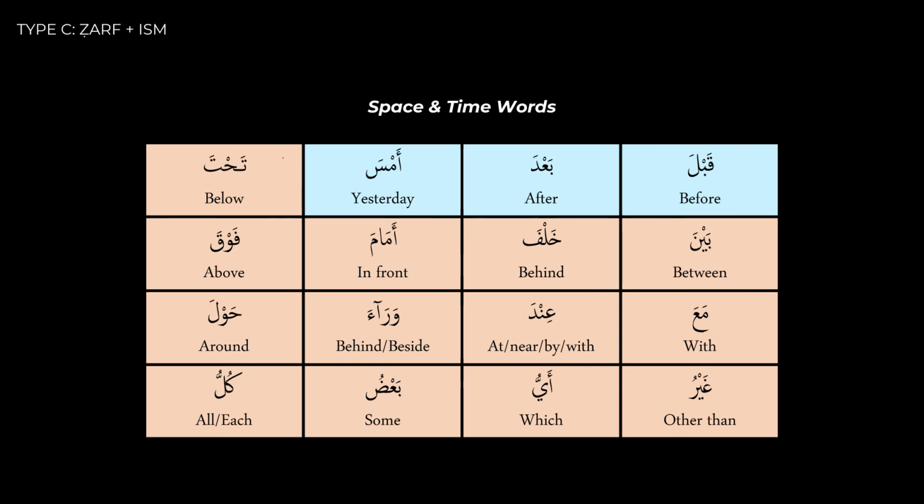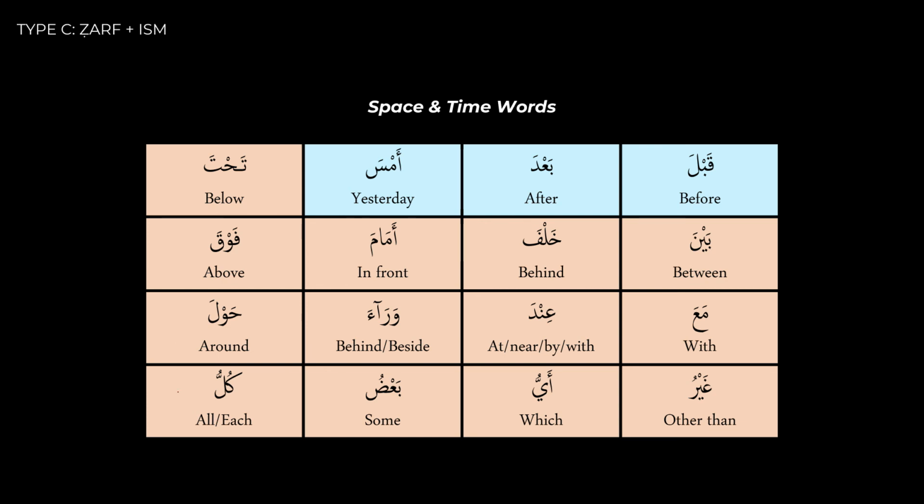Then there are words such as tahta, which is below, baina, between, khalfa, behind, amama, in front, fawqa, above, ma'a, with, inda, which is at, nearby, or with, wara'a, behind or beside, hawla, around, ghayru, other than, ayyu, which, ba'du, some, kullu, all, or it could have the meaning of each.